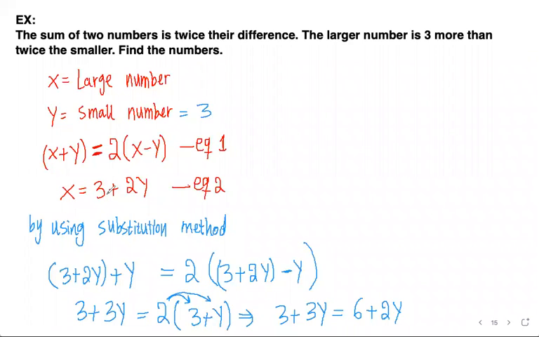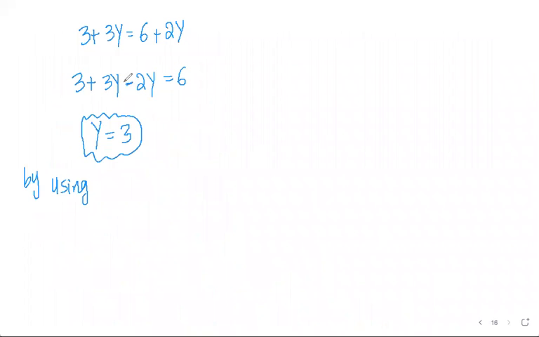So 3y minus 2y is y. No, in the beginning, it was 3 plus 3y equals 6 plus 2y. Oh, it's plus. Okay, never mind. Yeah, so this one I move to this side, so I subtract it. Then from here, I move it to this side.